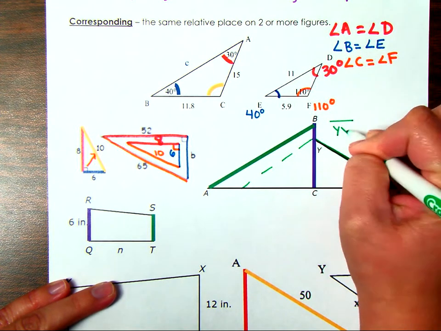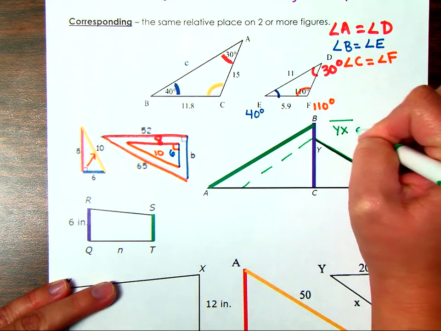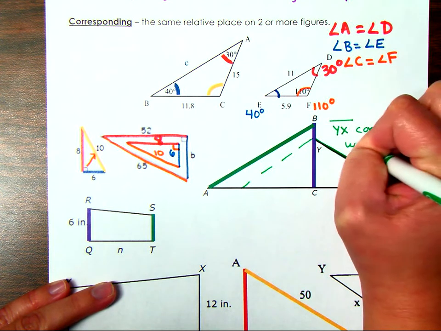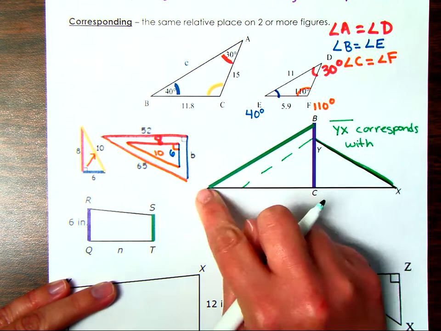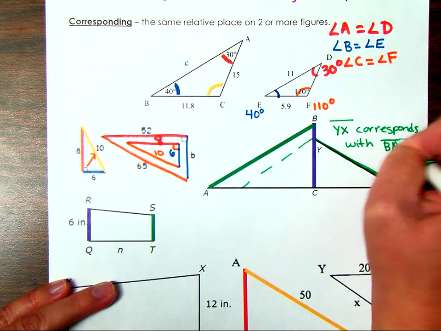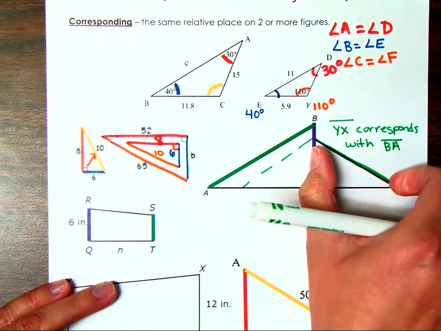So YX corresponds with line segment AB or BA. It doesn't really matter how you say it, either way. Okay? So this side length is proportional to this one.